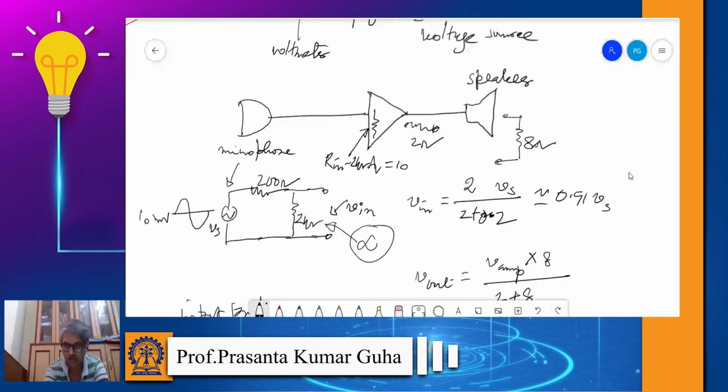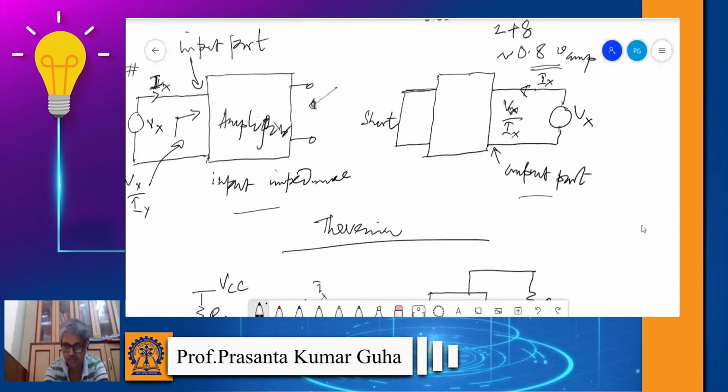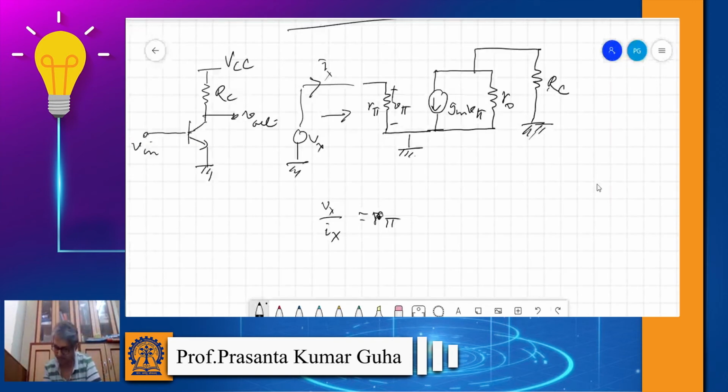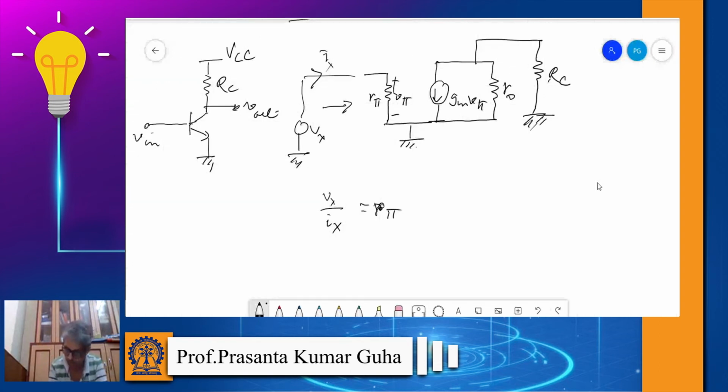So R pi is your input impedance. We know R pi equals beta over Gm, or beta Vt over Ic.